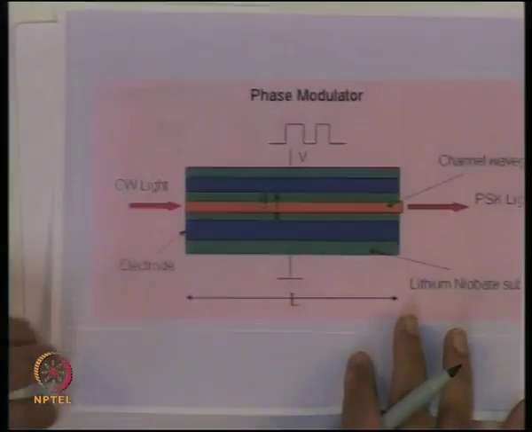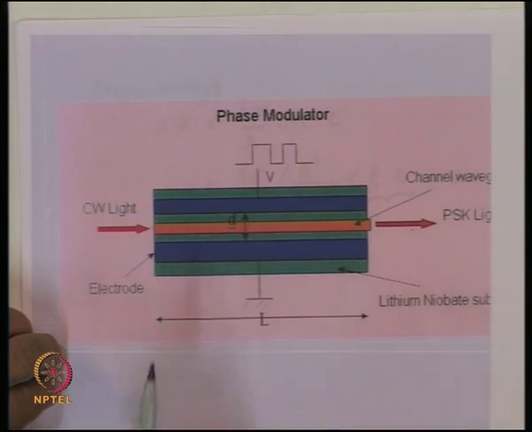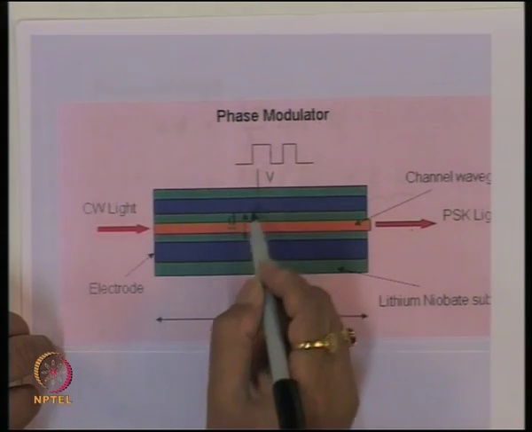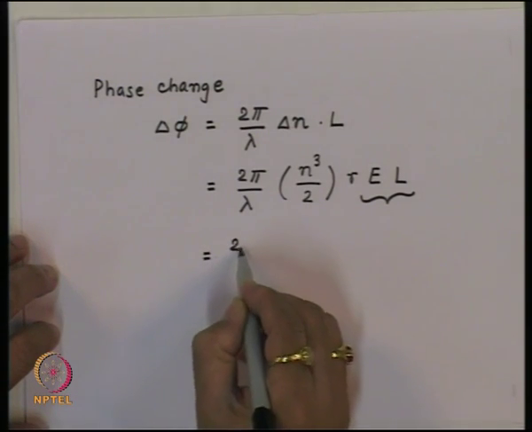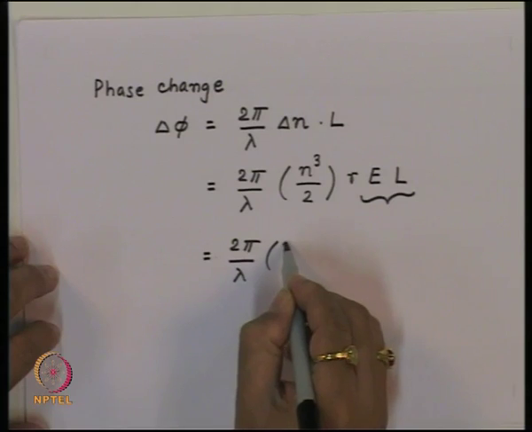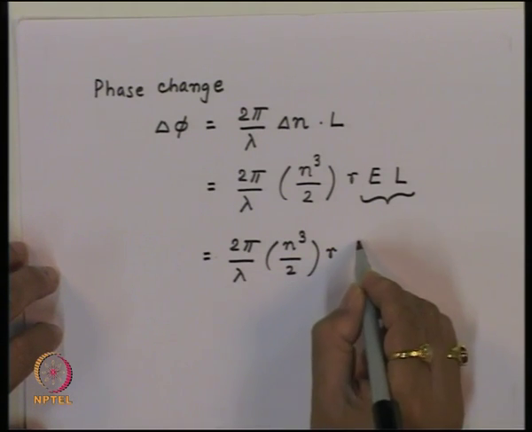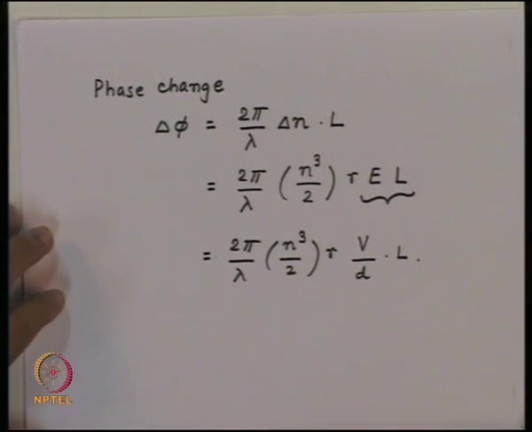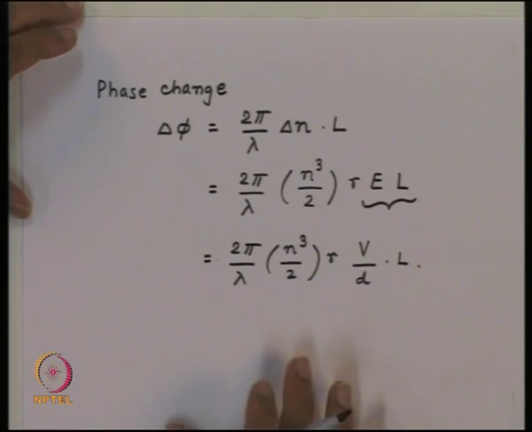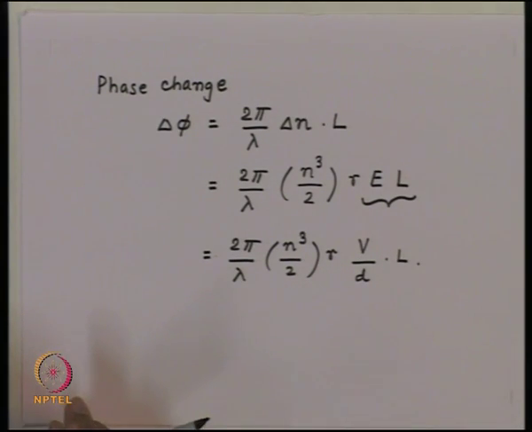Let us say the voltage difference between the two electrodes is V and the separation between them is D, so the electric field is approximately V by D. We can write this as 2 pi by lambda times n cubed by 2 times r, the electro-optic coefficient, times V by D times L. One can then ask what is the voltage V pi which will give me the phase change of pi.